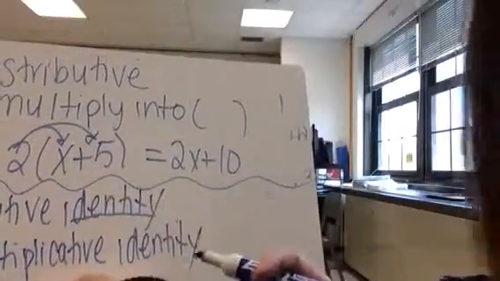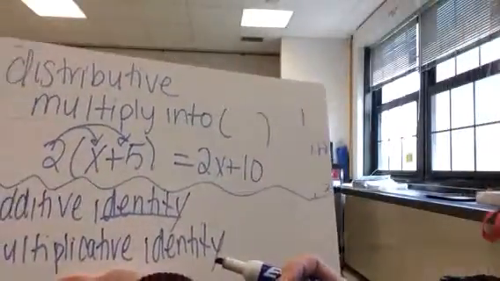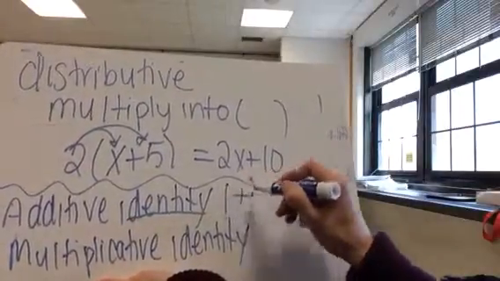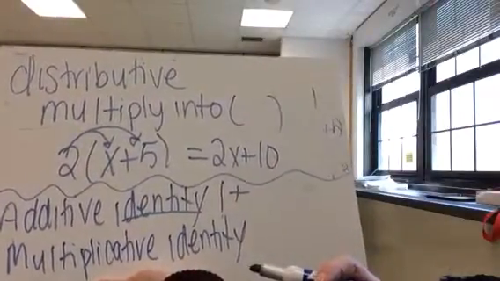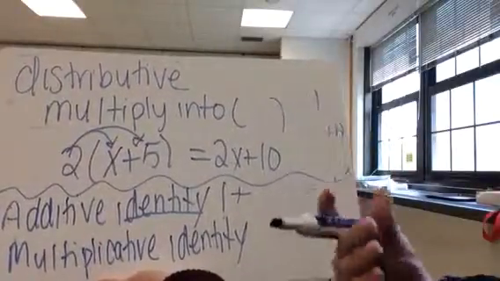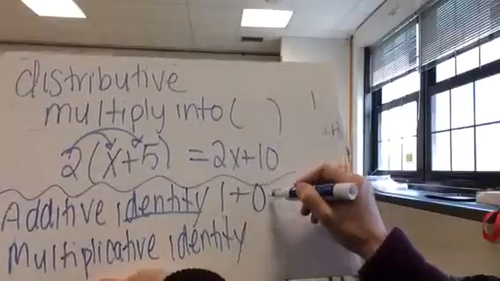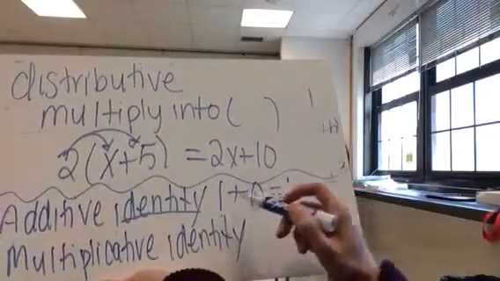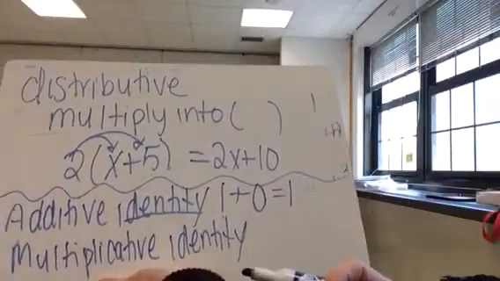Identity is when you stay yourself. You're true to yourself. Okay, so in math, when you want to stay yourself and you're going to add, what would you have to add to 1 for it to stay itself? The only number you can add to 1 and it would stay 1 is 0. Because if I do 1 plus 0, I get 1. That's an additive identity, because I added and the 1 stayed a 1.